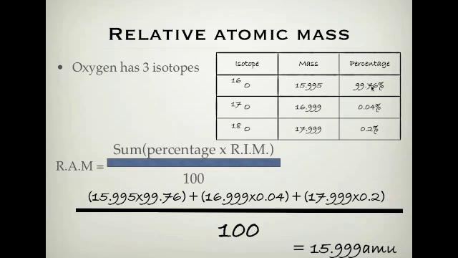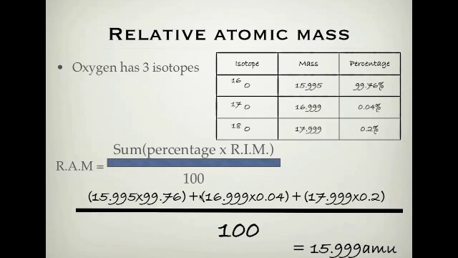If you have a jar of oxygen, 99.76% will be this isotope. This one is only 0.04%, and this one is 0.2%. So what will our relative atomic mass be, taking into account these percentages and these masses? Just by looking at it, you can see it's going to be around 16, because the majority is this mass here.